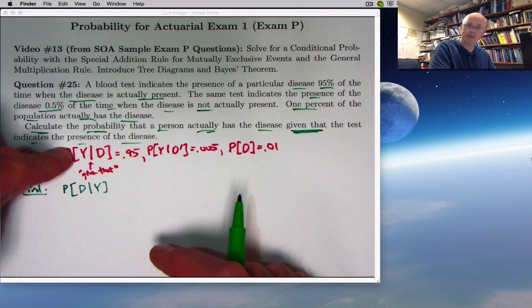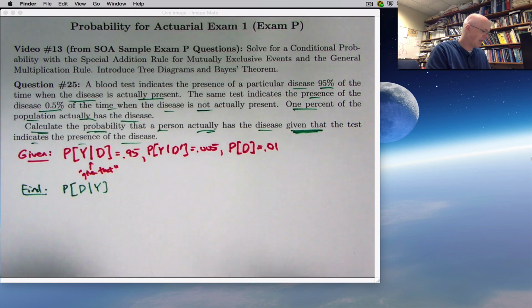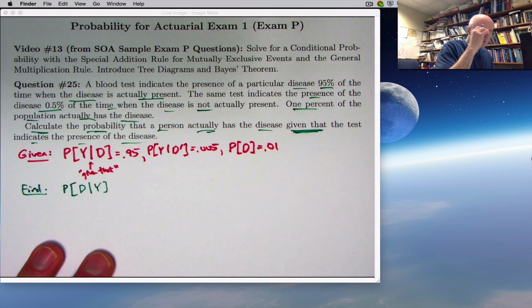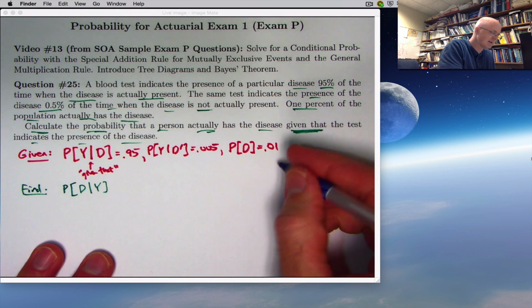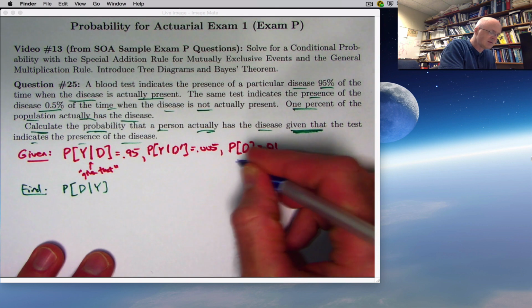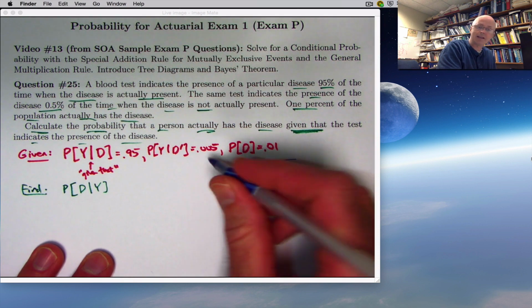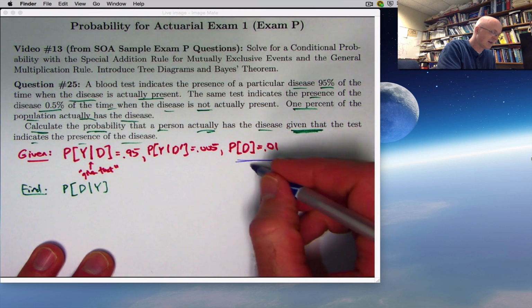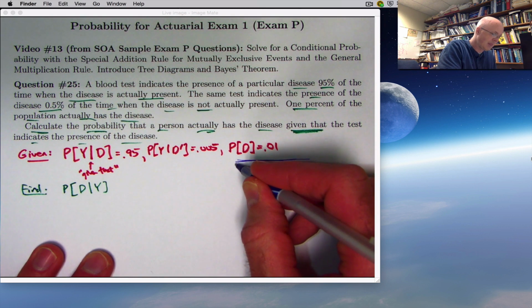It's not the same as this conditional probability. Okay? So before we think about this in terms of formulas, let's go ahead and draw a Venn diagram in a way that I think will be helpful for conceptualizing a reasonable ballpark for the answer and why the answer is not necessarily 0.95 and in fact is likely to be different.